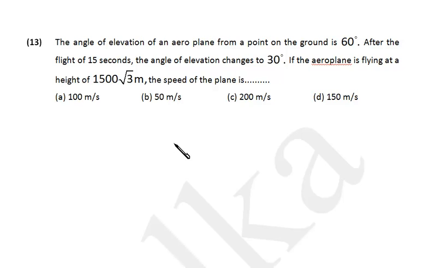Suppose the aeroplane is here and angle of elevation is 60 degree, right? So that means this angle is 60 degree and this is the present location of the aeroplane. After 15 seconds, after flight of 15 seconds, the angle of elevation changes to 30 degree. That means this is the new situation. Okay.